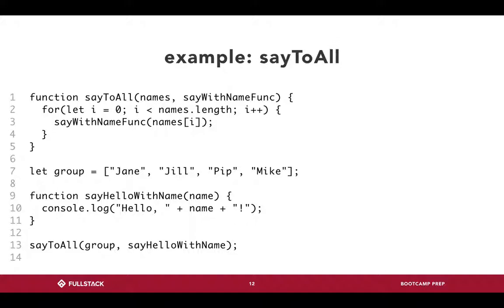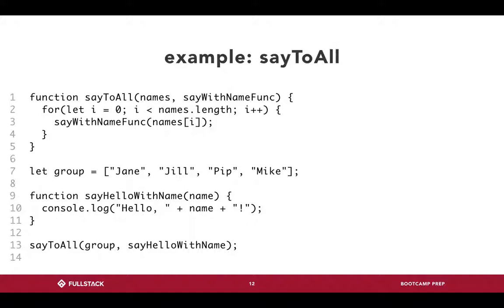So we set up our for loop, and basically we plug the index into names to get the current value. So here, to be short, they skipped the spot that I encourage you to do where you say let current value equal names bracket i. That's what this is, but we have to translate that in our head. So it takes out the current value, and it's going to pass it to the say with name func. Say with name func is what?